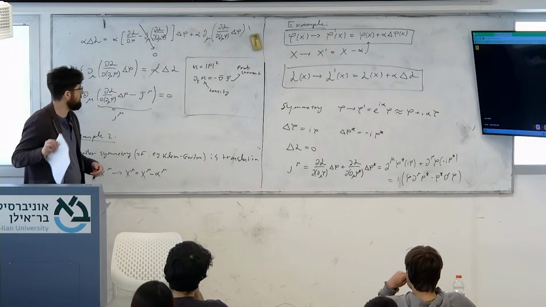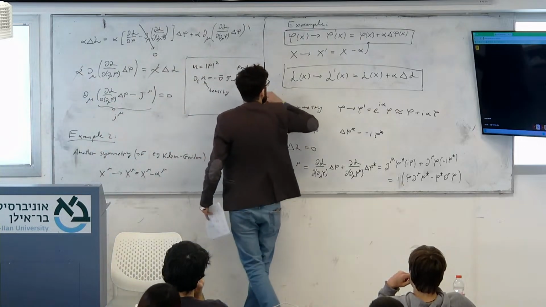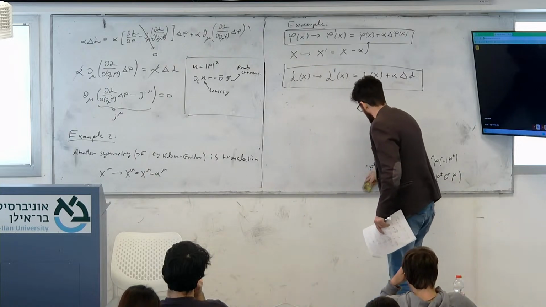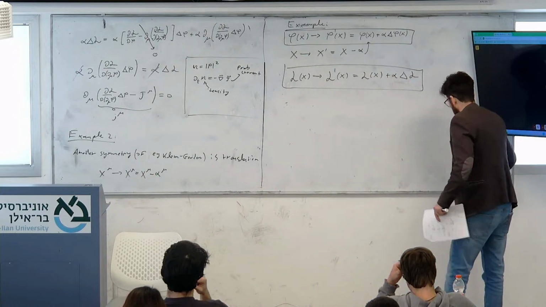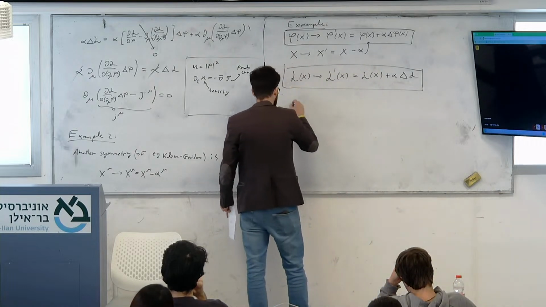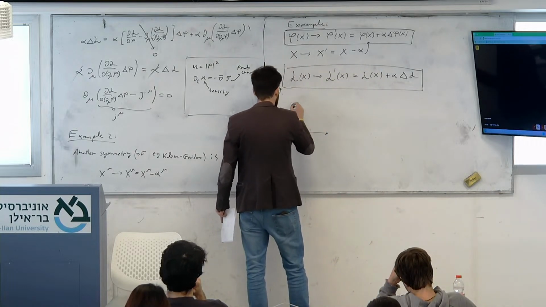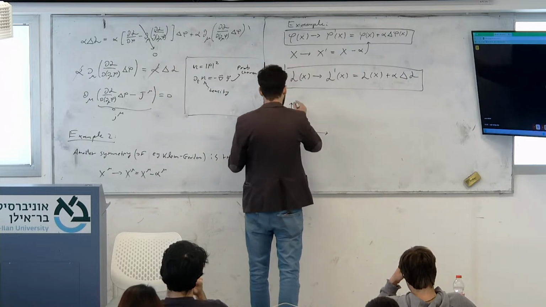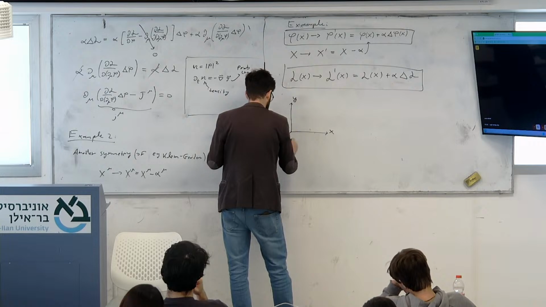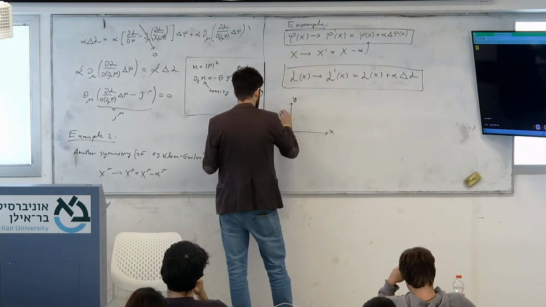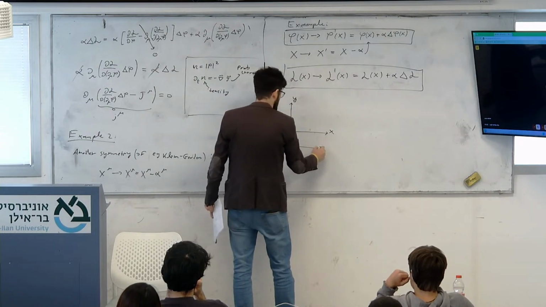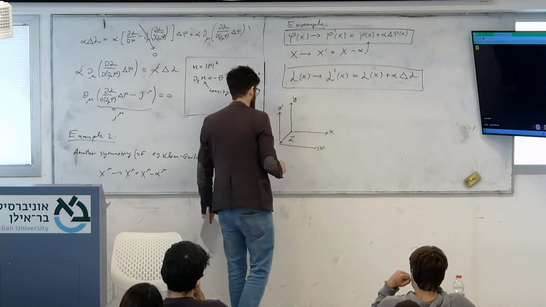Let me draw this for a moment. So what we imagine is we have some y and x, and then we have some alpha. This is alpha, and here we have a new x prime and y prime.